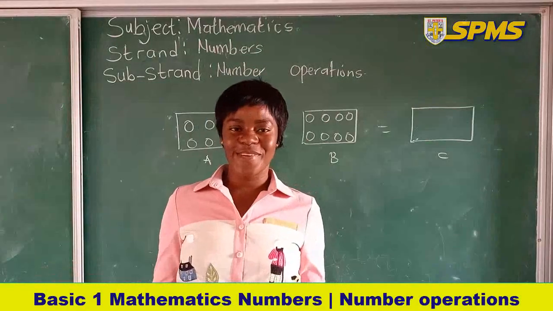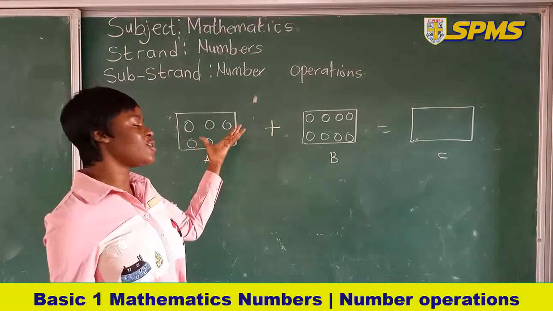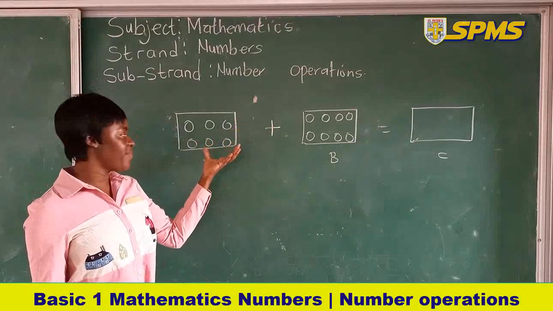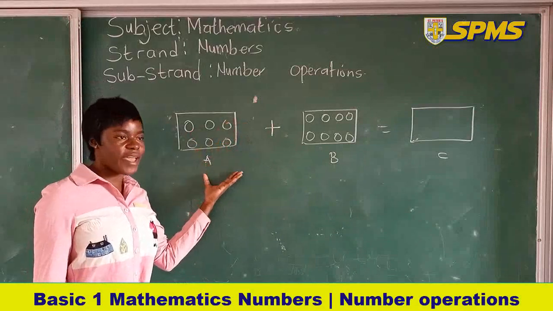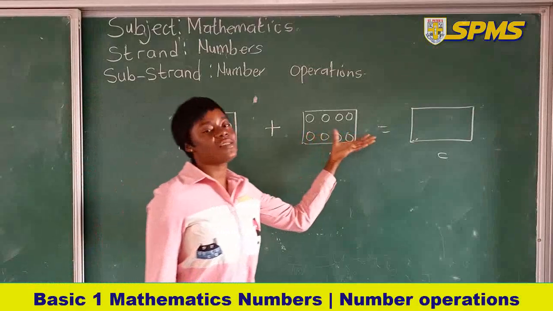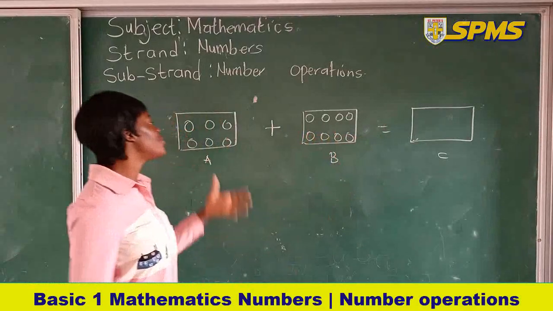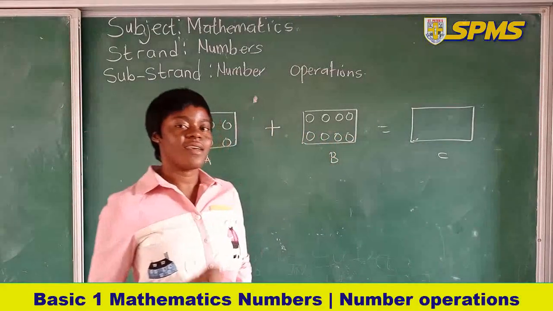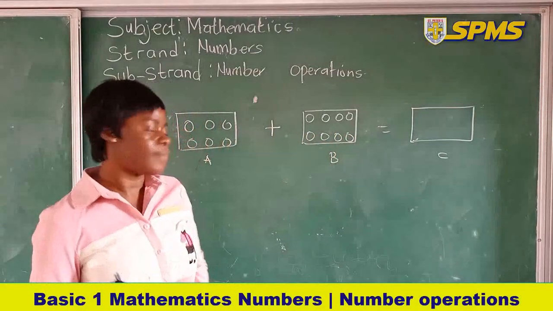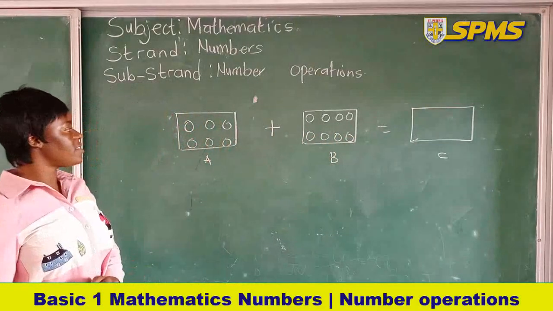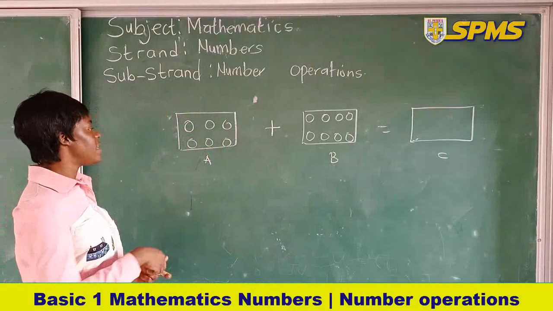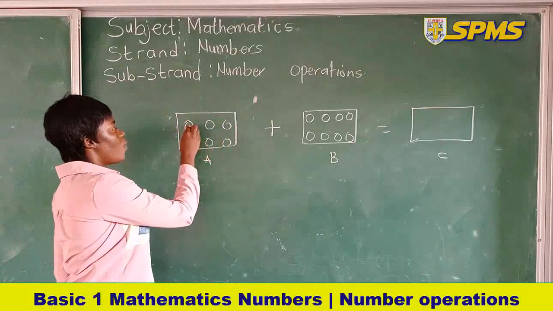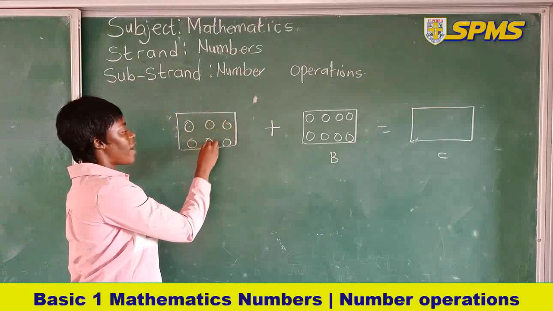Okay, children, I have a collection of eggs here. The first one is group A and the second one is group B. Now we are going to put the eggs together and see the result, or the sum. Let's count the first column: 1, 2, 3, 4, 5, 6.